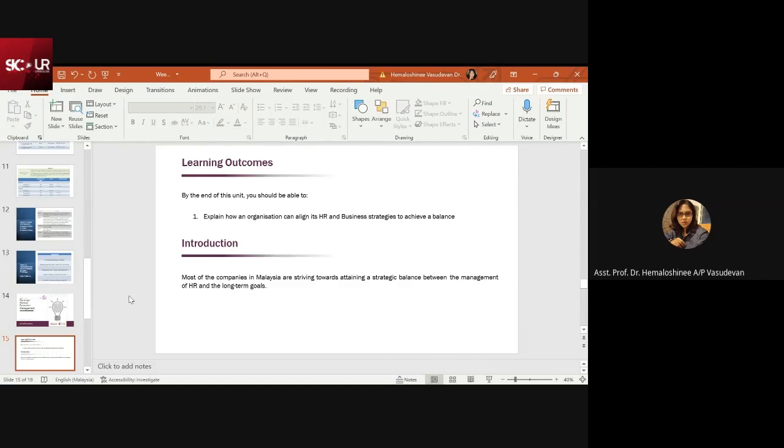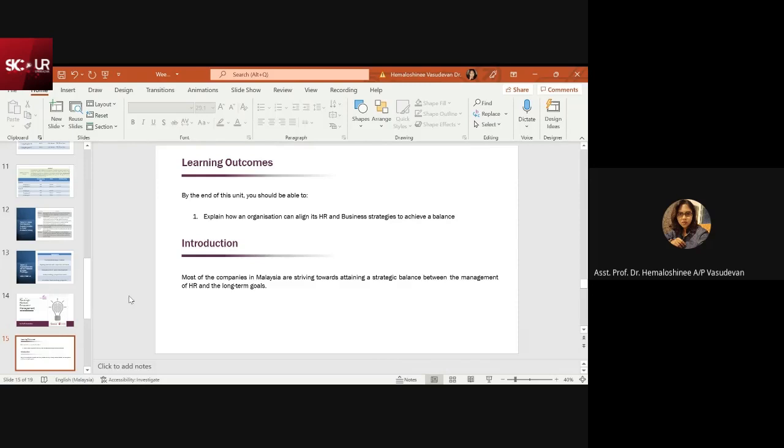Some managements have a business strategy with very huge expectations, so when they look at the budgeting of HR planning, it will not suit them to achieve the goal.